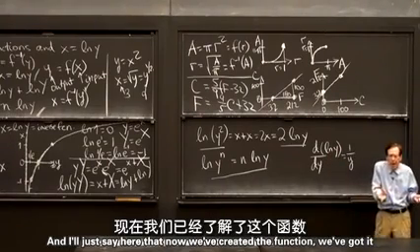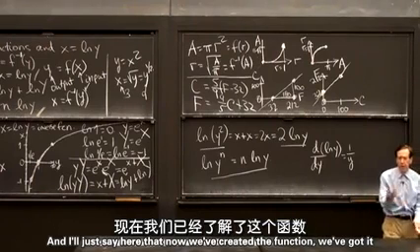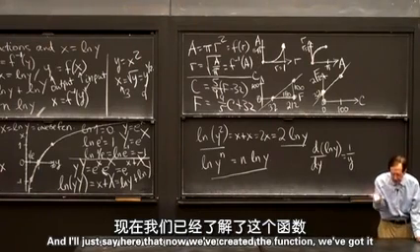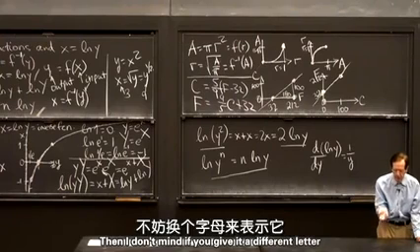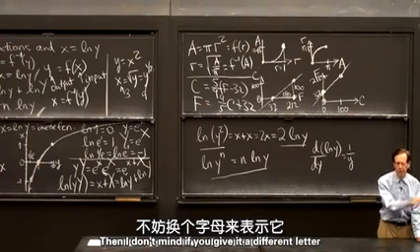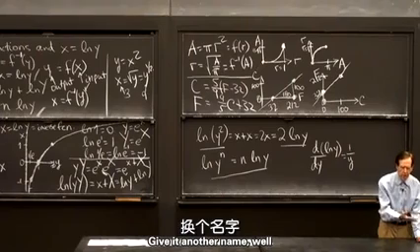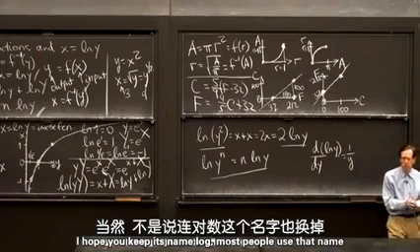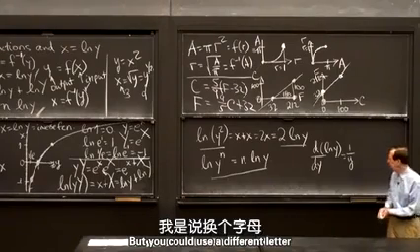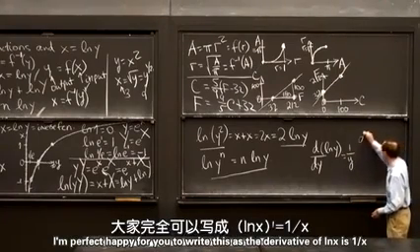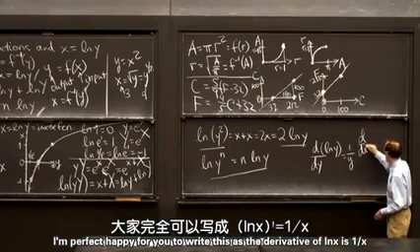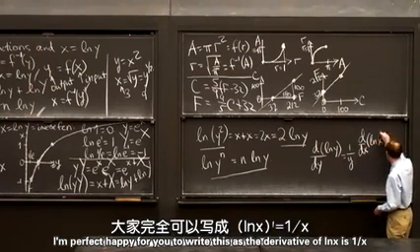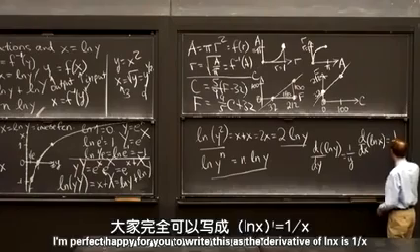And I'll just say here that now we've created the function. We've got it. Then I don't mind if you give it a different letter. I hope you keep its name log, since most people use that name, but you could use a different letter. I'm perfectly happy for you to write this as the derivative of log x is 1 over x.